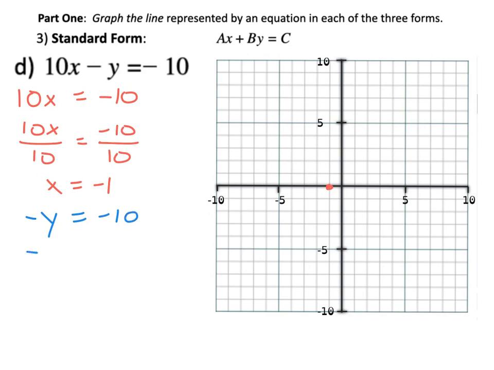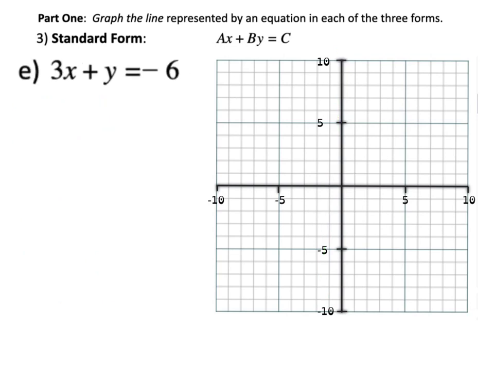We need to solve for this one by dividing by the coefficient, which is negative 1. And we get y equals 10, meaning on the y-axis, put a point at 10. Okay? It's a pretty steep line. That's okay. We're going to take our line tool, run it through those points, put arrows at the end, call it good.